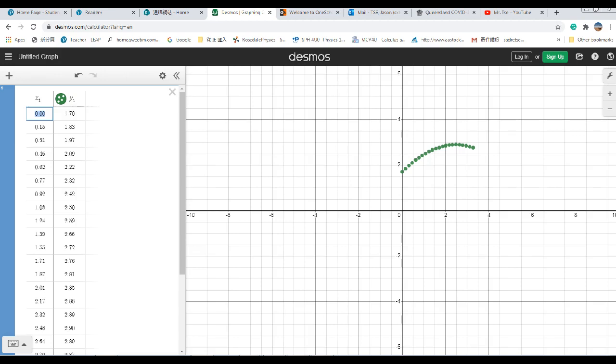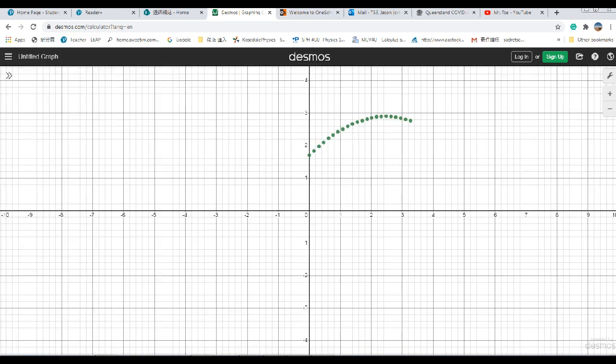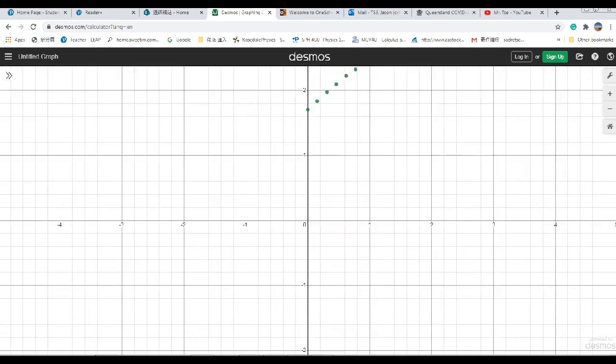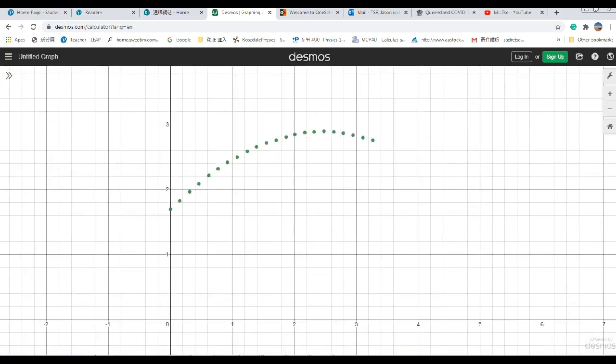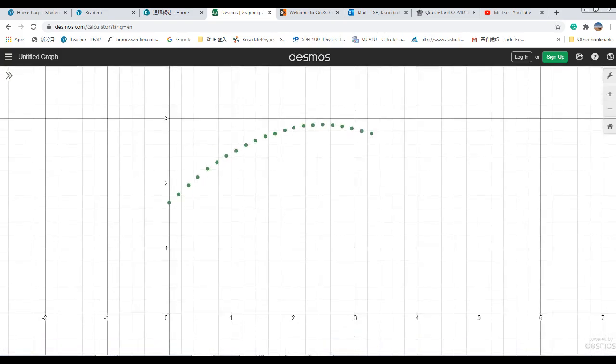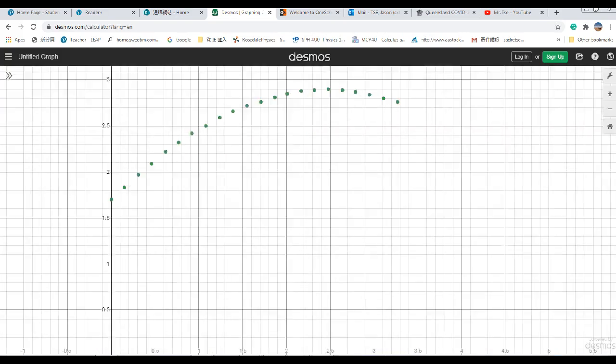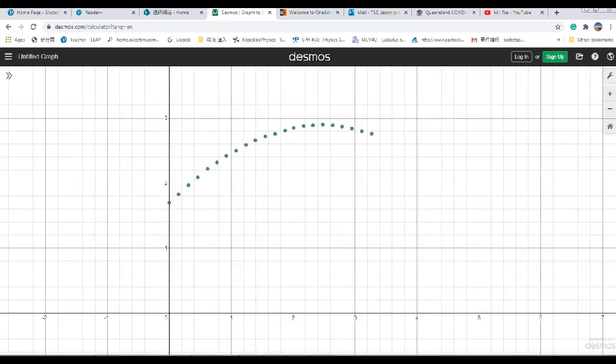To find the equation, first we need to get the window of the graph which could serve us better. We need to zoom in a little bit. That's too much.